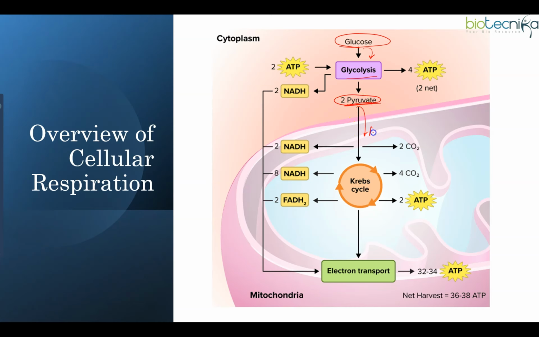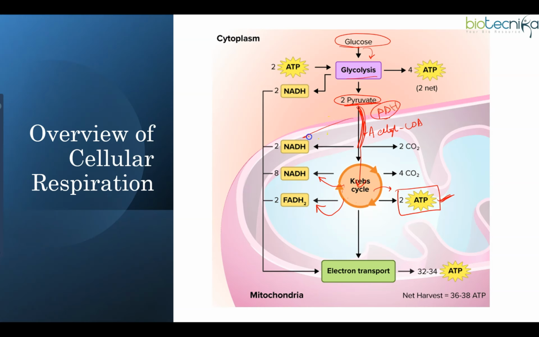Pyruvate is further converted into acetyl-CoA, which enters the citric acid cycle, and from the citric acid cycle some reducing equivalents are generated, which are NADH and FADH2, and there is also some substrate level phosphorylation, which makes ATP. Substrate level means the substrate bond breaking releases some free energy, which can convert ADP and Pi into an ATP molecule. Apart from that, the conversion of pyruvate to acetyl-CoA is done by PDH, the pyruvate dehydrogenase complex.